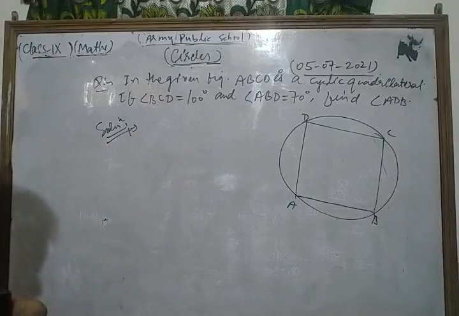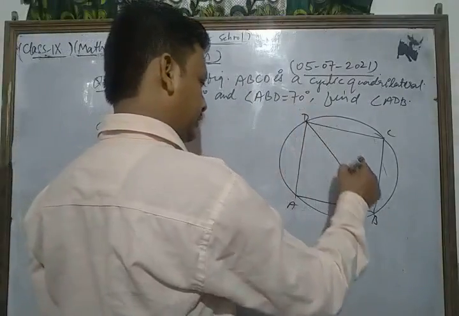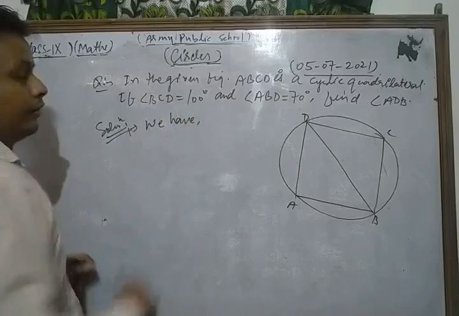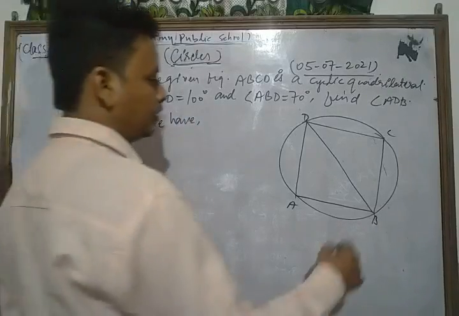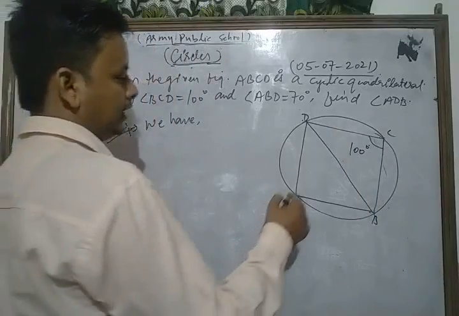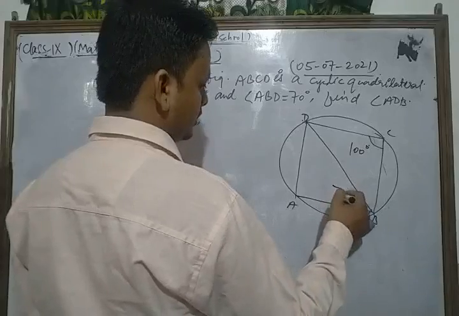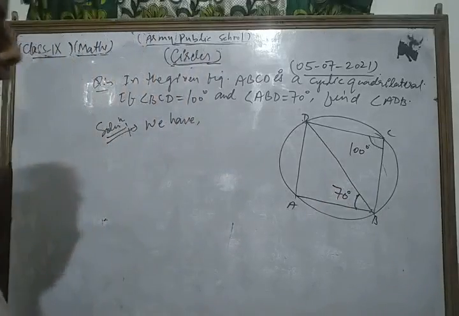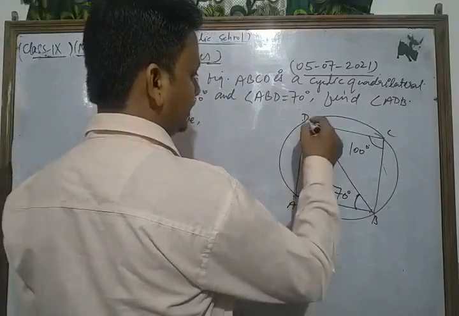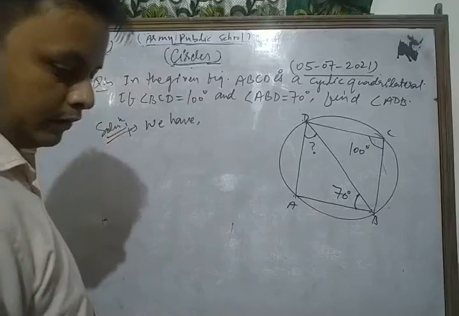Here ABCD is a cyclic quadrilateral in which we join the diagonal BD. In the figure, angle BCD is given as 100 degrees, and angle ABD is given as 70 degrees. We have to find the value of angle ADB.